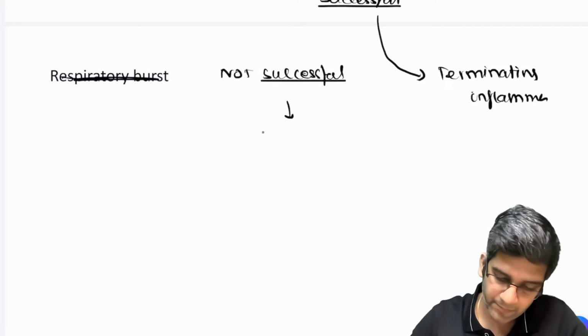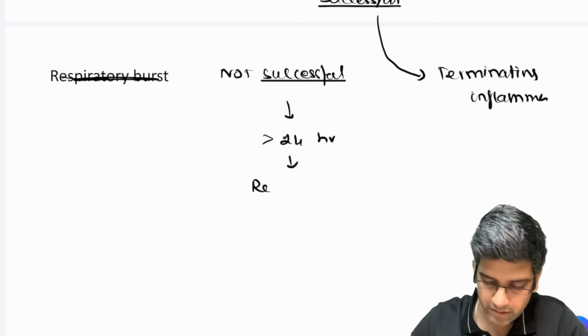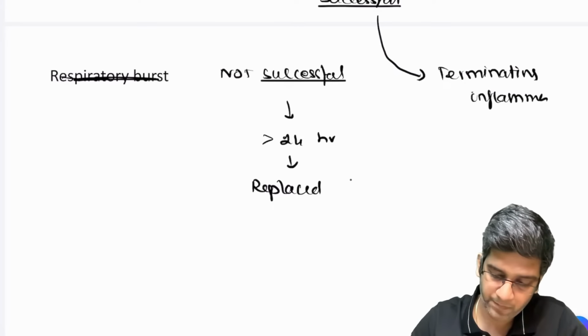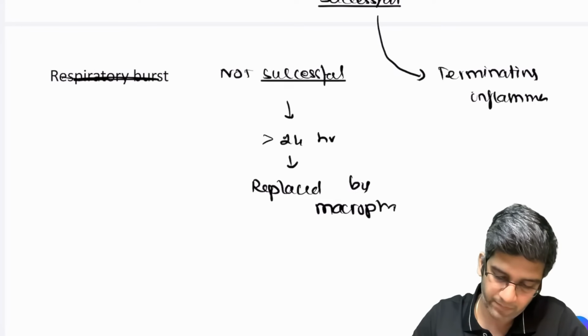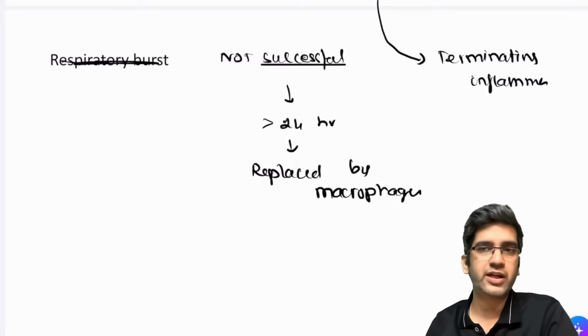Beyond that, more than 24 hours, the neutrophils will be replaced by macrophages, and it will be going towards chronicity, and we'll be trying to eliminate the organism. That's what happens in acute inflammation.